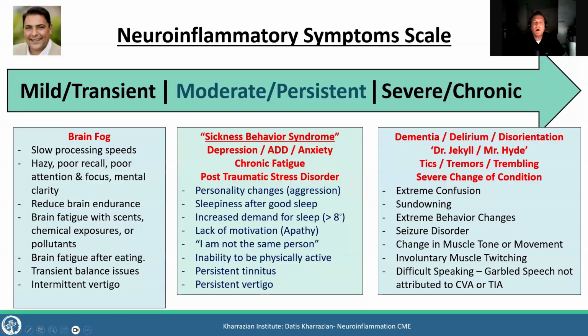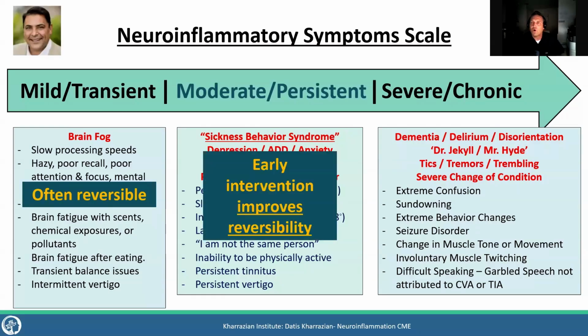So what we want to do is recognize in the early stages, the earlier we address this, it can be reversible. We can recognize that inflammatory response, like the young lady I just told you about that got cold sores. When we got aggressive in treating those, it went away. The depression went away.